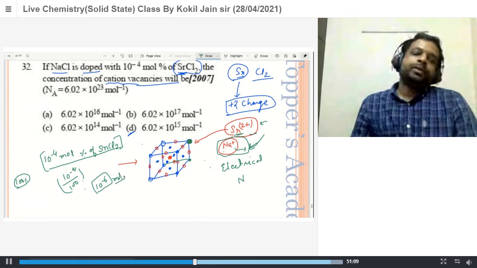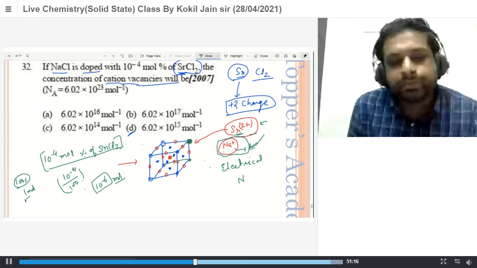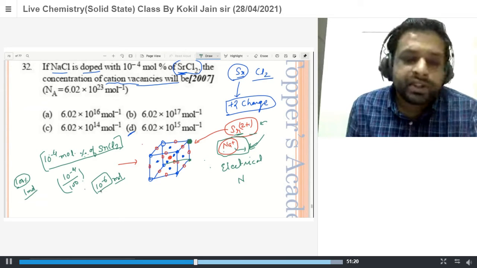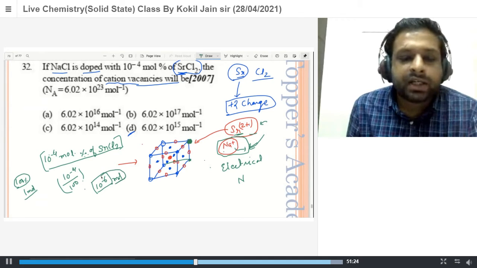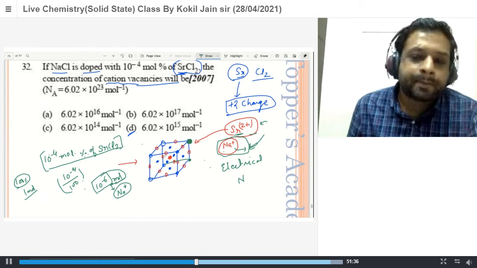This 100% was 1 mole. 10.4 mole percentage of SrCl2, so 10 to the minus mole sites of SrCl2 I am introducing. These many moles of Na+ I will have to remove. Everyone right? Correct?